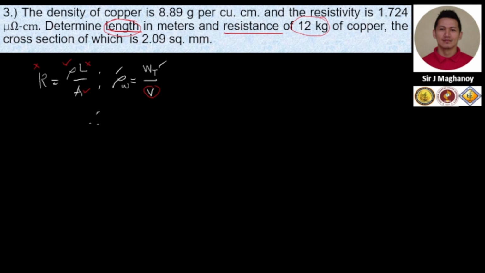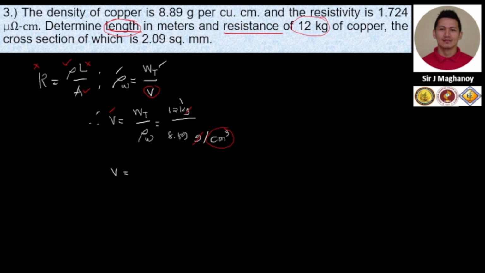Solving for the volume, it is equal to the total weight over the weight density, which is 12 kilograms all over 8.89 grams per cubic centimeter. Let's cancel out units: kilograms is a thousand grams, we cancel grams, and the remaining unit is cubic centimeter, the unit for volume.